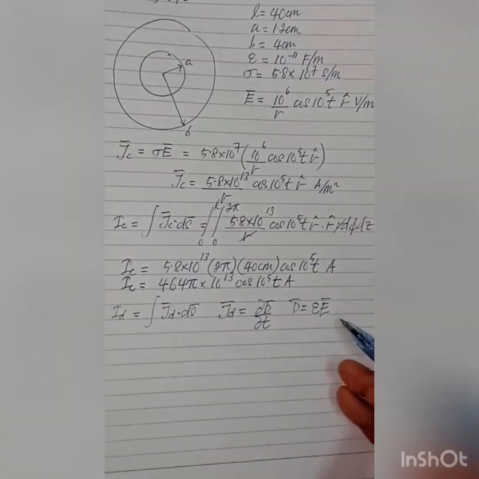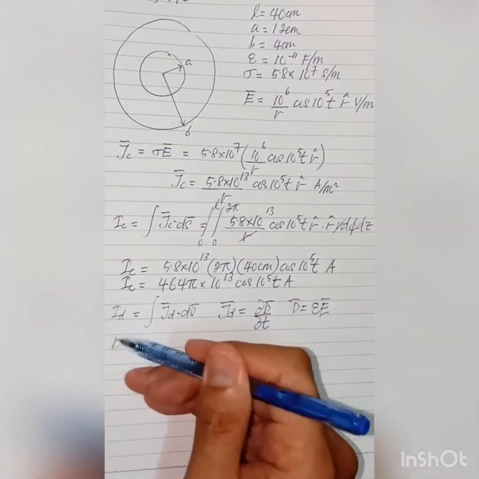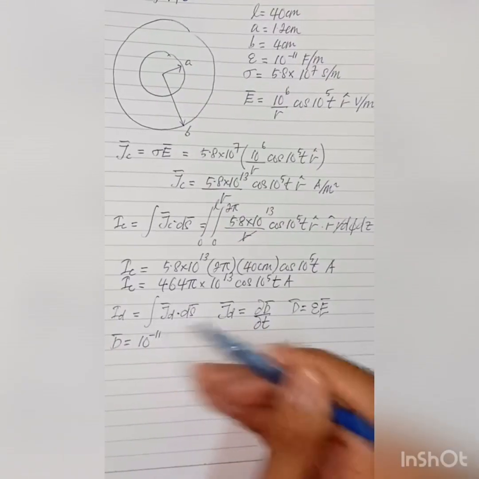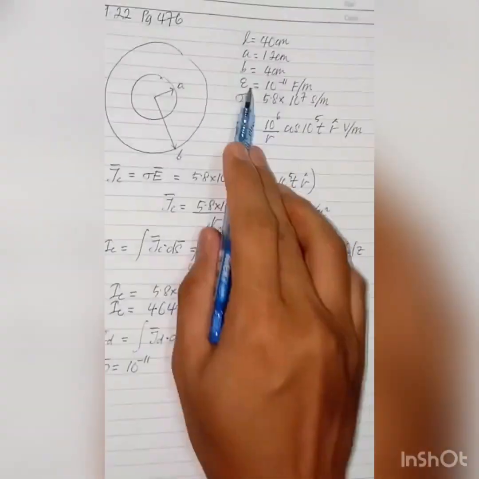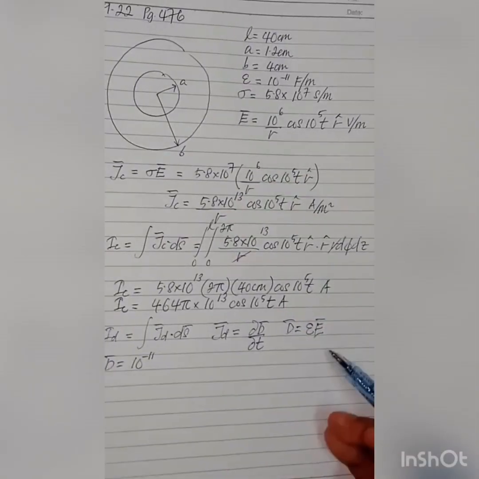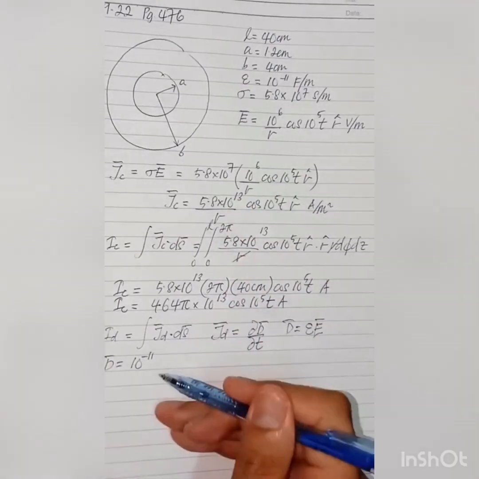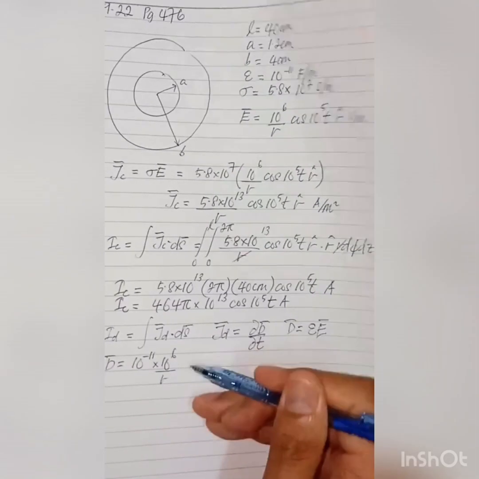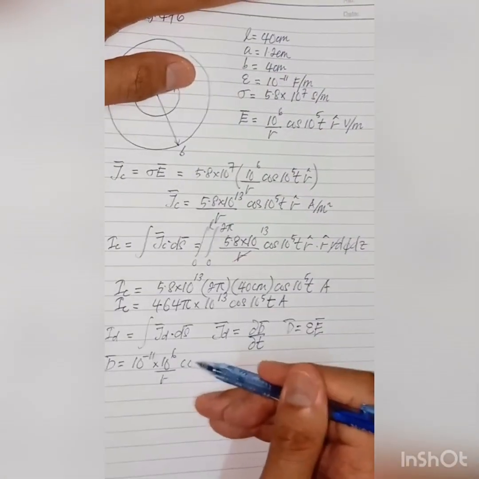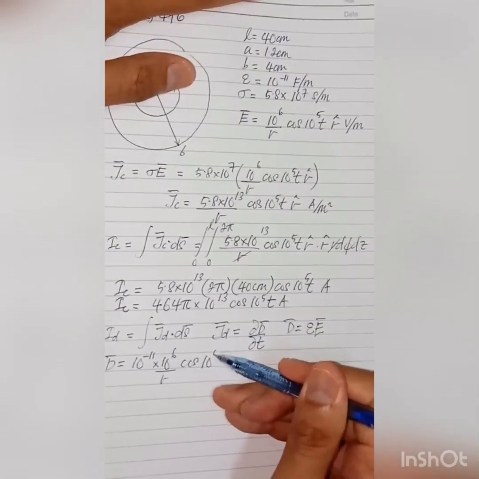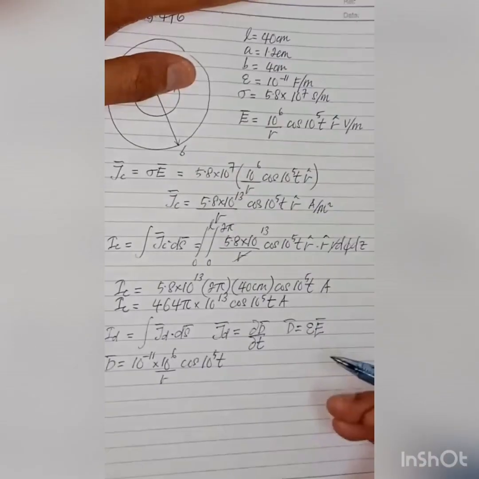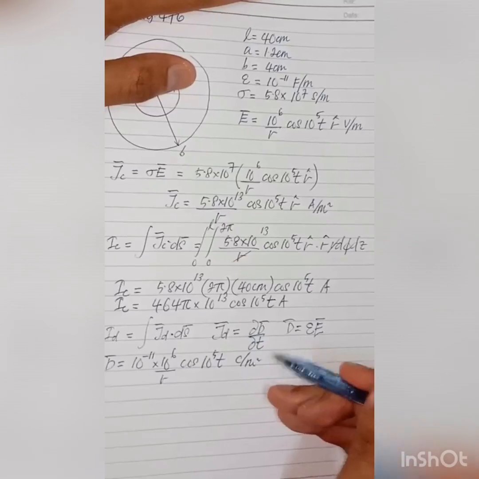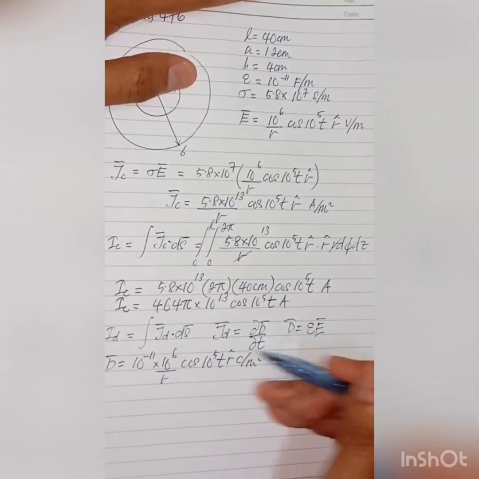The D, which is our electric flux density, so the D here is actually 10 power of minus 11, the epsilon as given here, and then times the E, which is 10 power of 6 over r cos 10 power of 5 t.